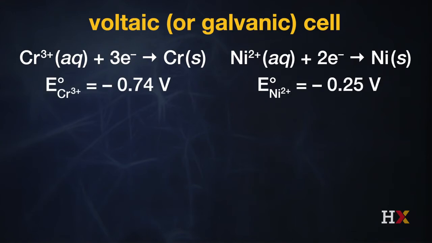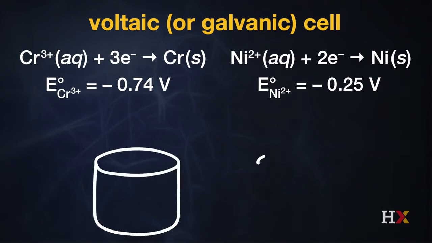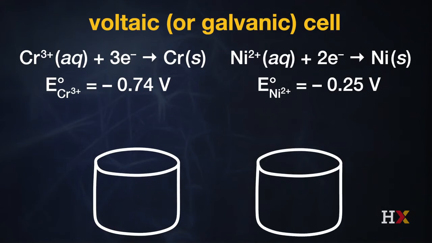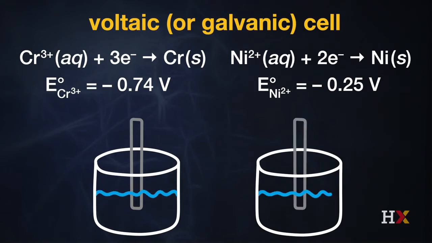So we can immediately set up our little sketch, which we always do for any voltaic or galvanic cell we're going to build. We know that we've got an electrode immersed in a solution on both sides.